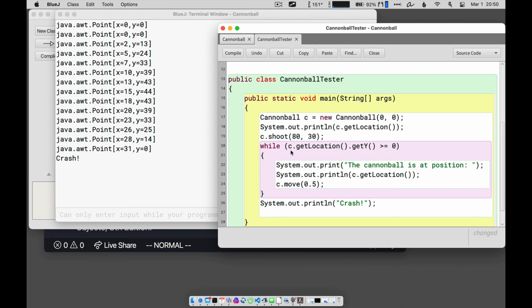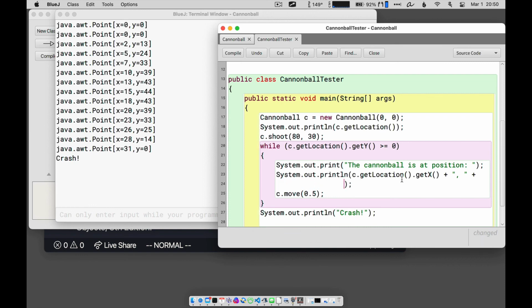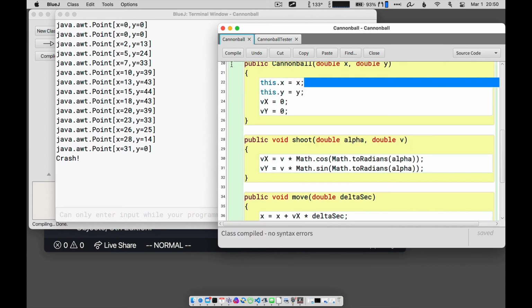And then I'm going to print out c.getLocation.getX, and I'll put a little comma in there, and then I'll also print out c.getLocation.getY. And maybe I'll even drop this down to 0.2 of a second so I can get some really interesting stuff going on.